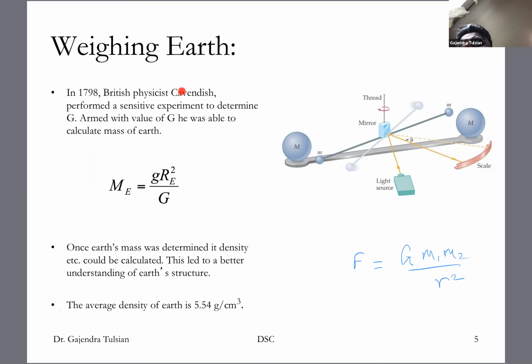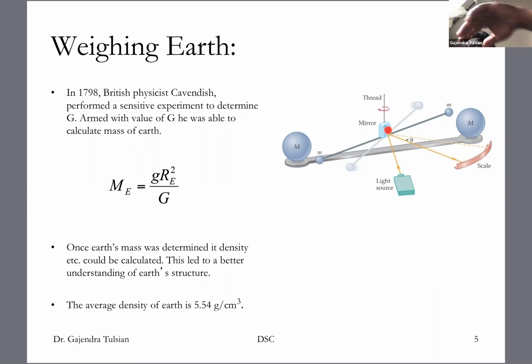Mr. Cavendish measured the gravitational constant, and this was his setup. I'll briefly describe how he measured G. So here was the idea. These are two heavy spheres, and here are two light spheres at the end of a rod.